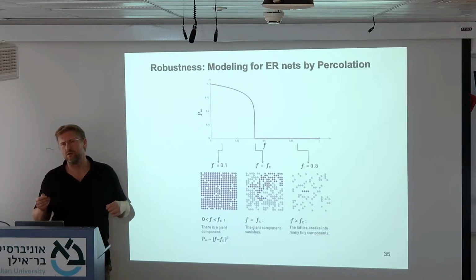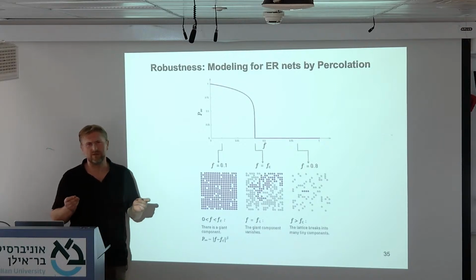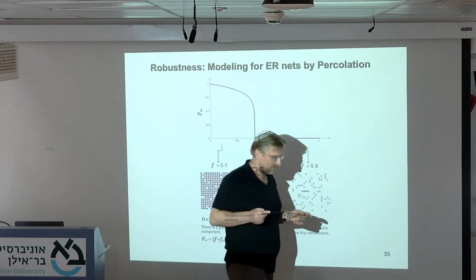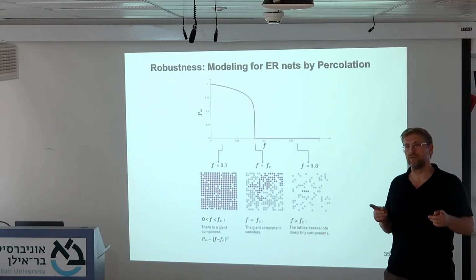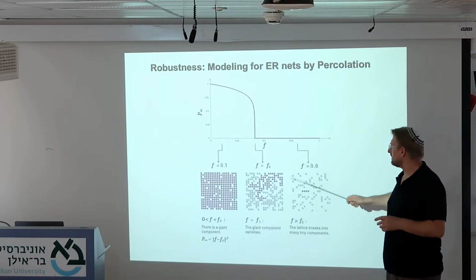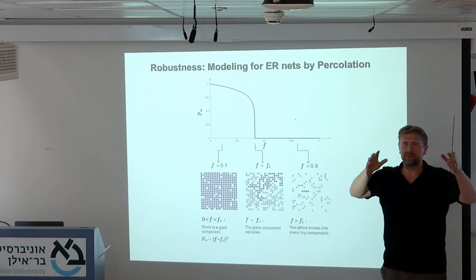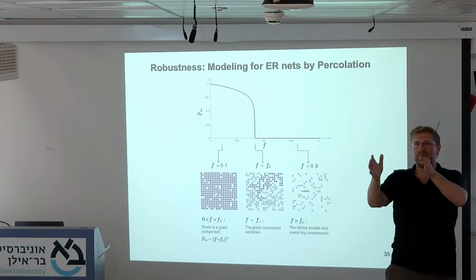Right. It's very similar to critical temperature. It's something that is similar to temperature. Yes. For example, the magnetism, the paramagnetism. This is percolation. We made this comparison of percolation and magnetism.